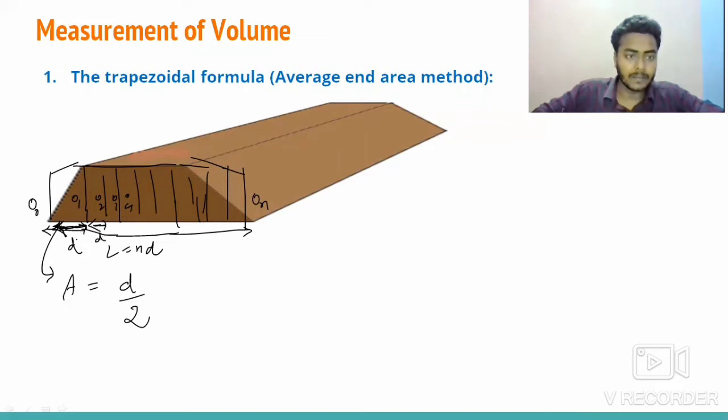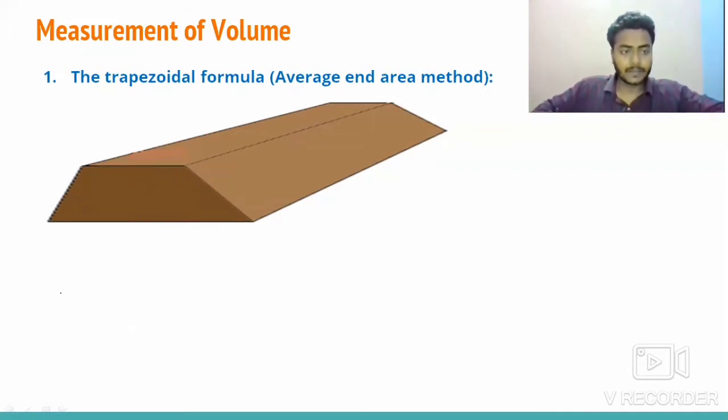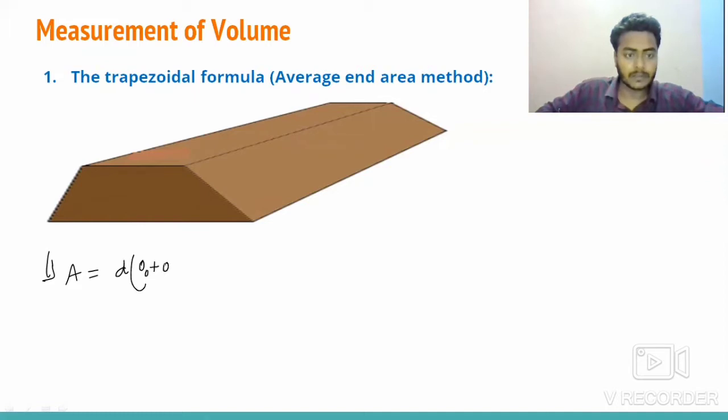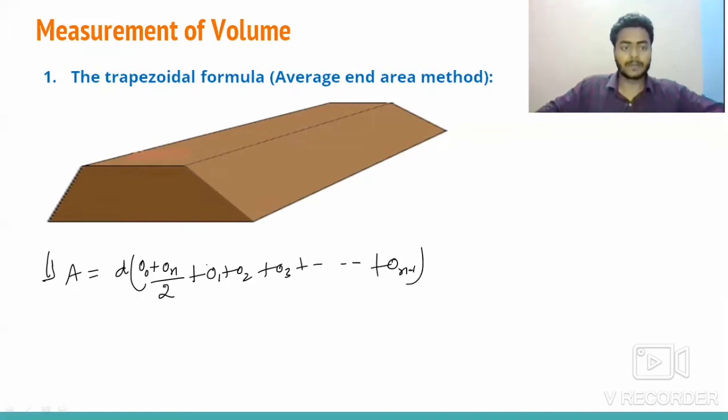So d is the distance between two consecutive ordinates. I am writing directly: Area is equal to d into (O0 plus On) divided by 2 plus O1, O2, O3 up to On minus 1. So this is the trapezoidal formula.